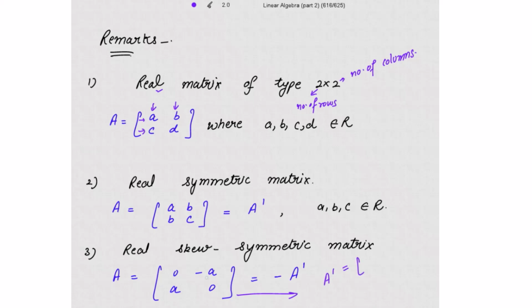The first row 0, a becomes your first column. Then the second row becomes your second column, right? If you take the negative outside, you get negative of [0, -a; a, 0]... which is nothing but negative of A transpose. So if A is equal to negative of A transpose, then such kind of matrix is a skew symmetric matrix.